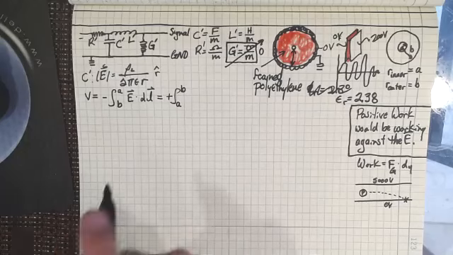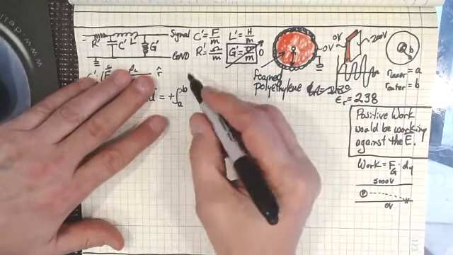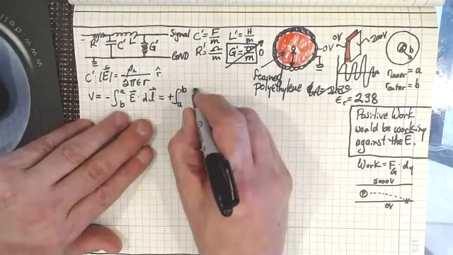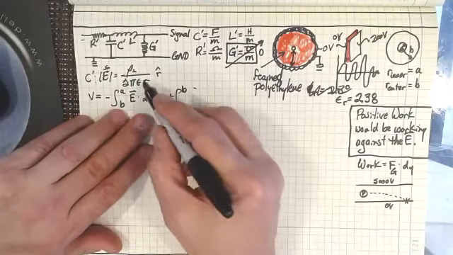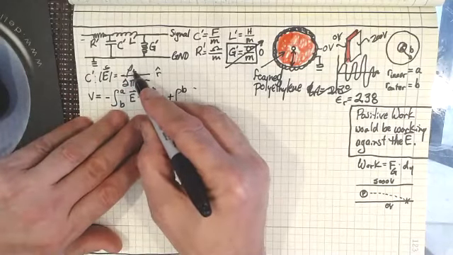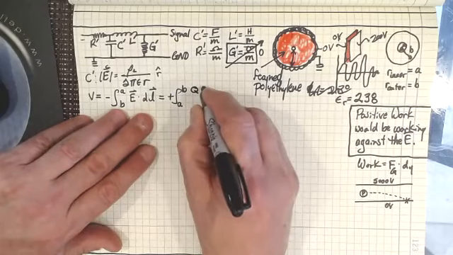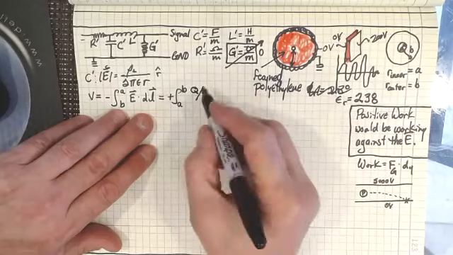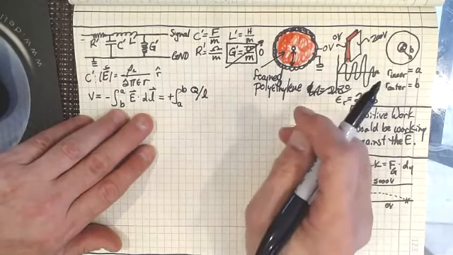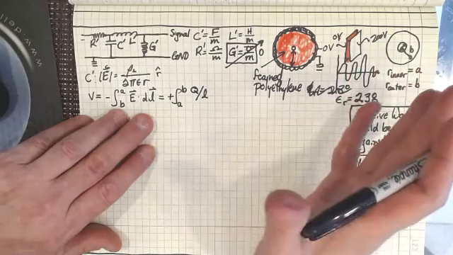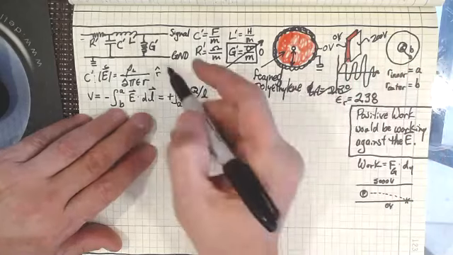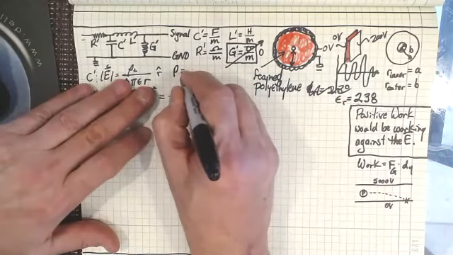Now, we know that we've got the charge density. I'm going to write the charge density as Q divided by L. Isn't that coulombs per linear meter? Coulombs per meter, and isn't that what rho is?